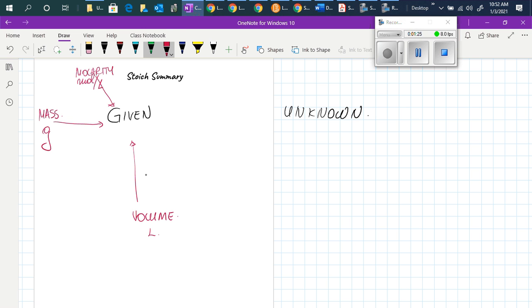So the main important thing that we want to do is to move to given moles.